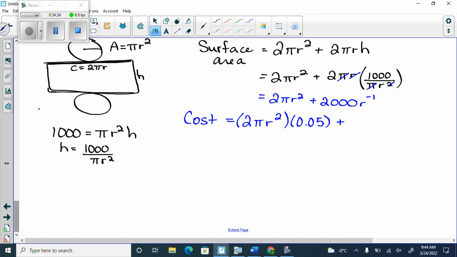Plus, that's the center, which is actually cheaper to make, 2,000 r to the negative 1. I'm going to multiply it by 3 cents. Then I'm going to put them together, so I'm going to get 0.1 pi r squared plus 0.06.